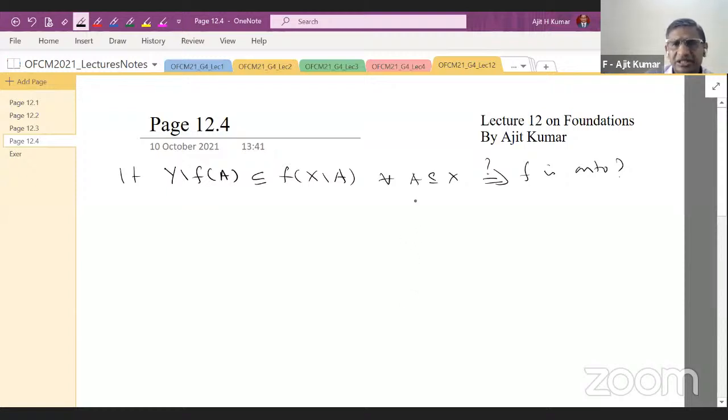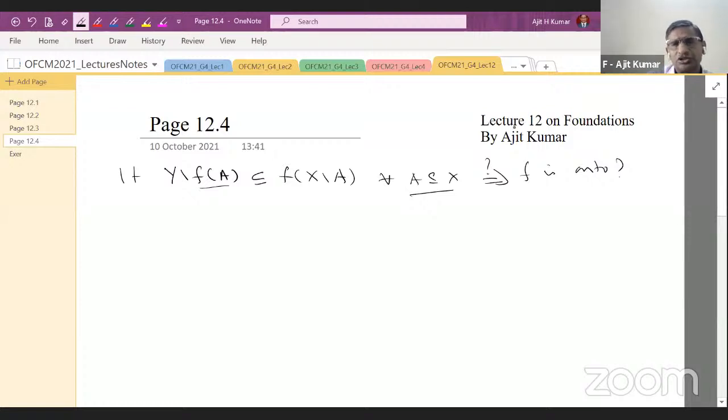This is true for every subset, right? So in particular, it will be true for trivial subsets, namely, it is true for the empty set. If I take A to be the empty set, then f of A is empty, right? We already looked at this argument. So f of A is empty, therefore Y minus f of A is Y. And this Y is contained in f of X. But f of X is already contained in Y, therefore f is onto.